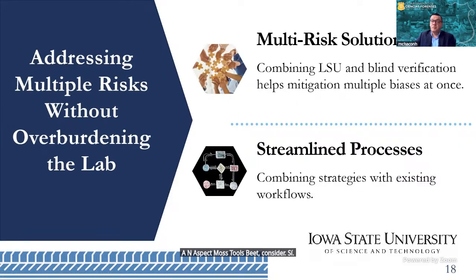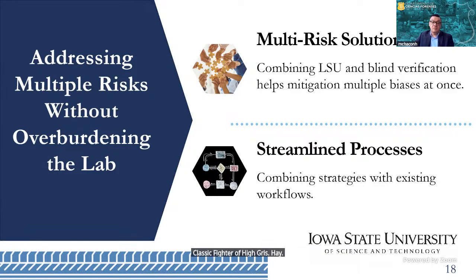So as part of the implementation and following the analysis conducted, we aim to develop strategies that could address various risks simultaneously, allowing multiple sources of bias to be mitigated in a single action. For example, implementing the linear sequential unmasking worksheet enabled us to address 4 sources of cognitive risk, 3 classified as high risk and 1 as very high.